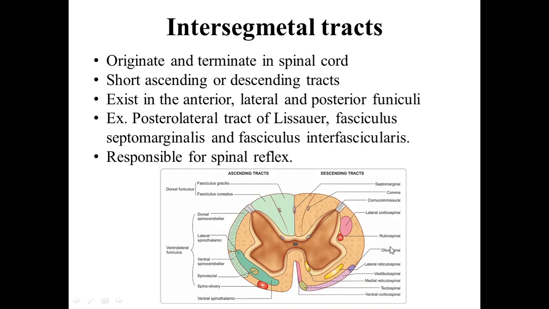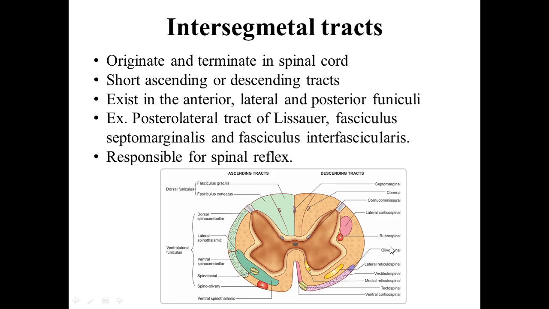Then the third type of tract is the intersegmental tracts. We have seen there are ascending tracts, there are descending tracts, and the third type is the intersegmental tracts. These intersegmental tracts originate and terminate at the spinal cord level itself.